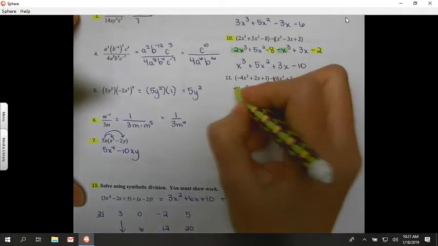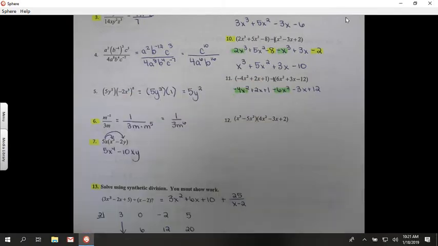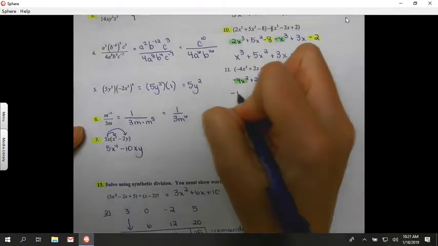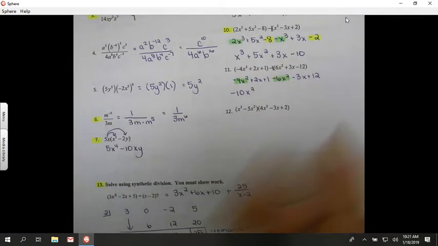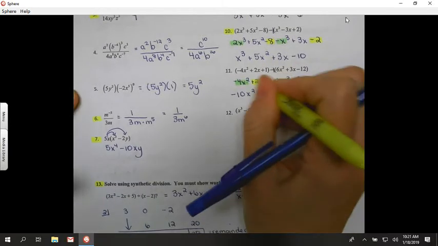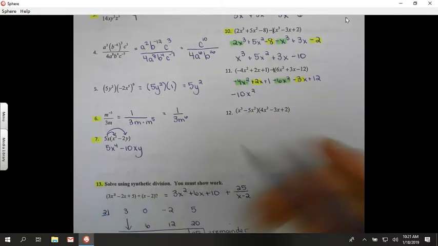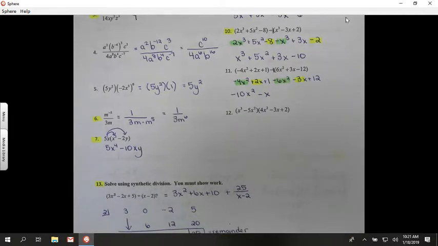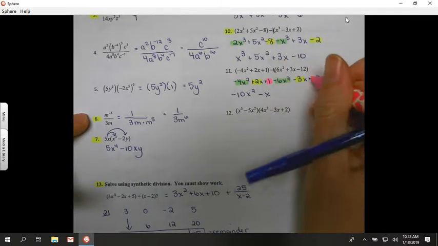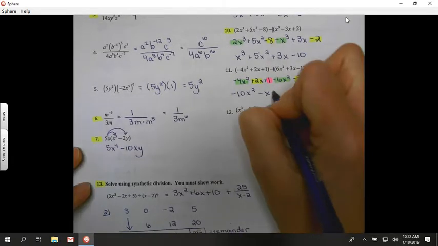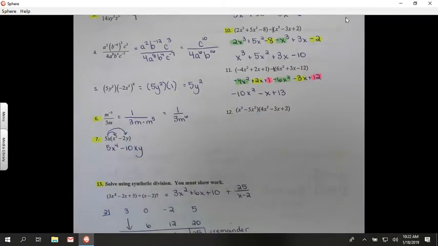I have a negative 4x squared and a negative 6x squared. So that's going to give me a negative 10x squared. I have a positive 2x and a negative 3x, so a negative x. And then I have a 1 and a 12, so that's going to give me a 13.